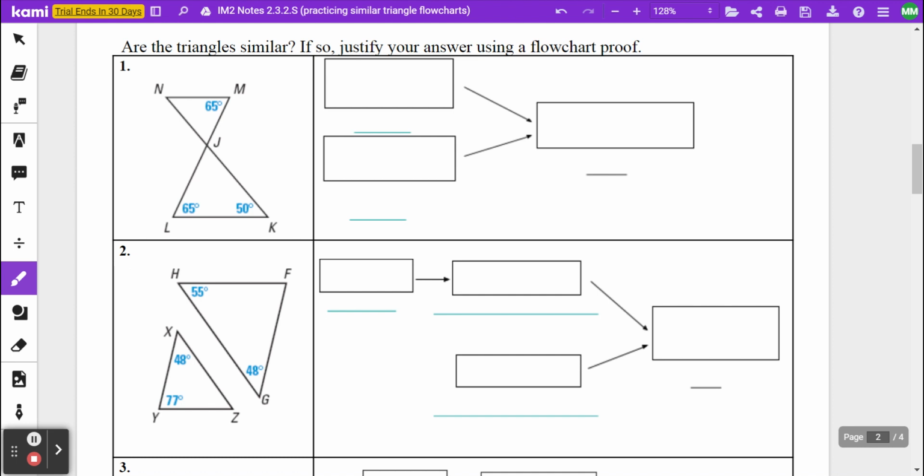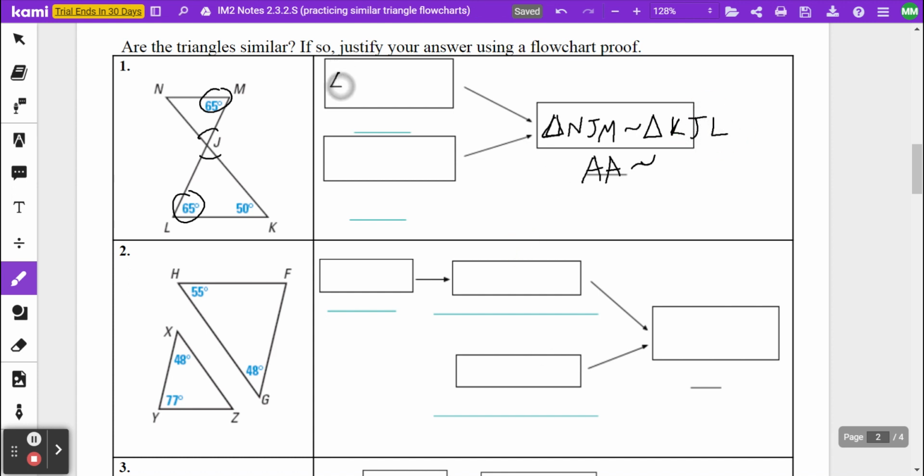Well, vertical angles are congruent. So I do in fact have two angle pairs here. So I can use angle-angle similarity to say that triangle NJM is similar to triangle, let's see, I had NJ. Now I'll do KJ. KJL.